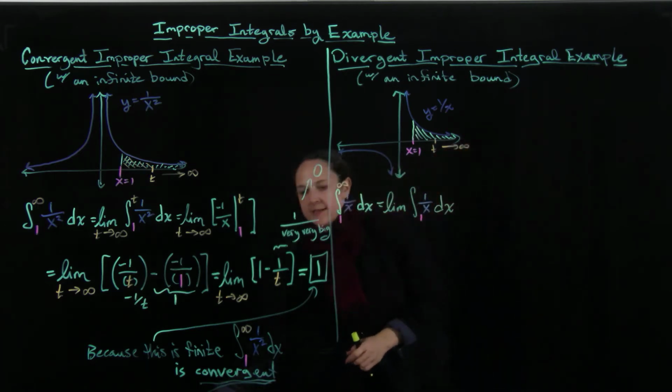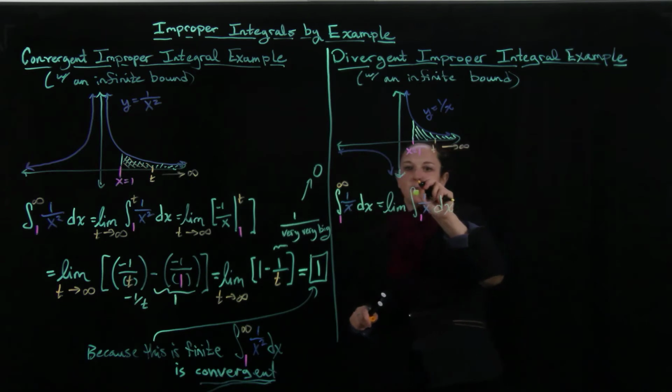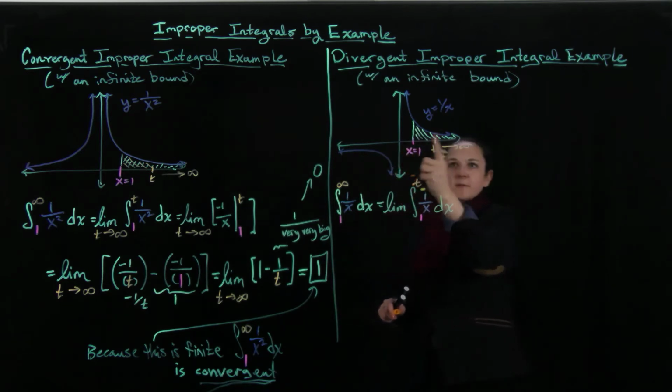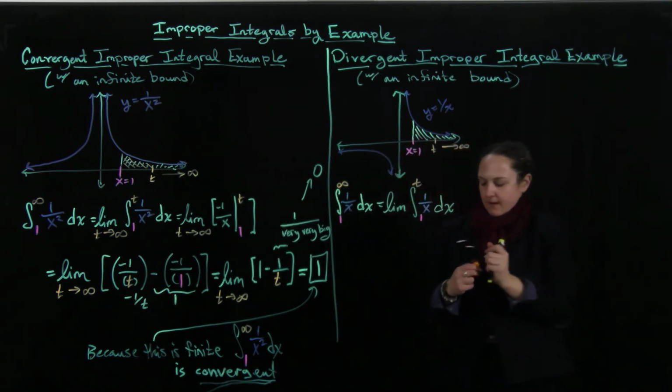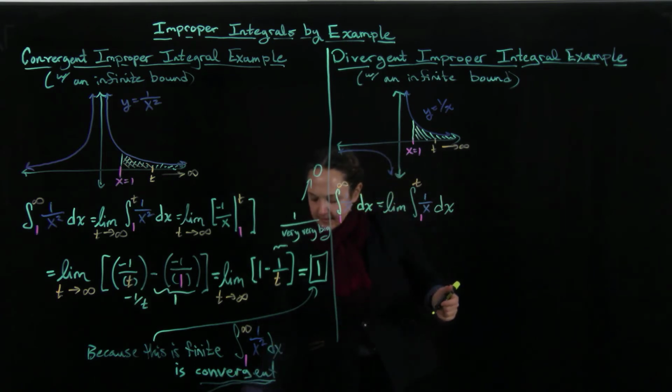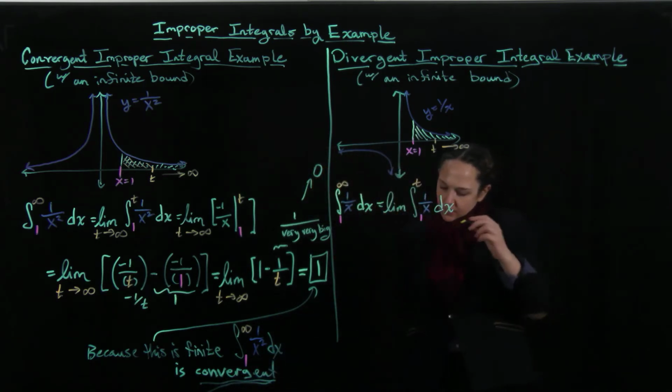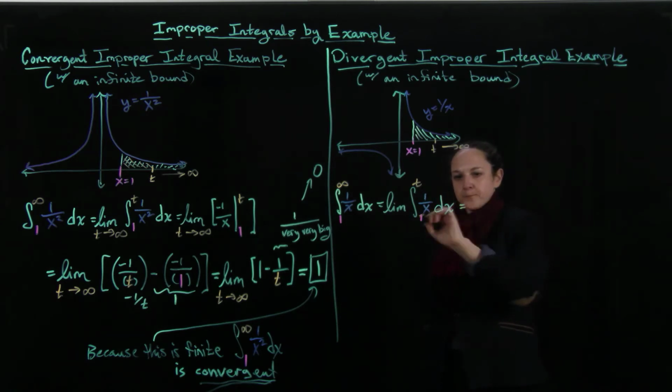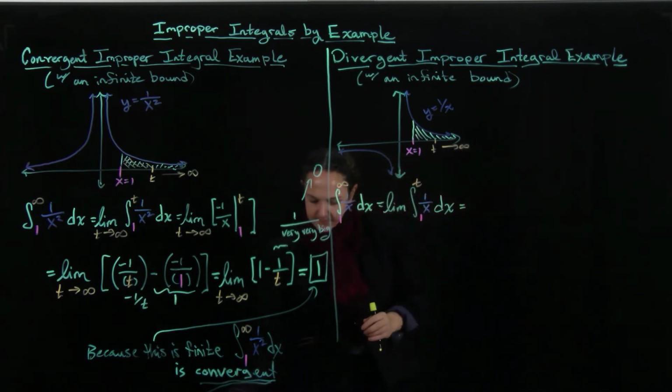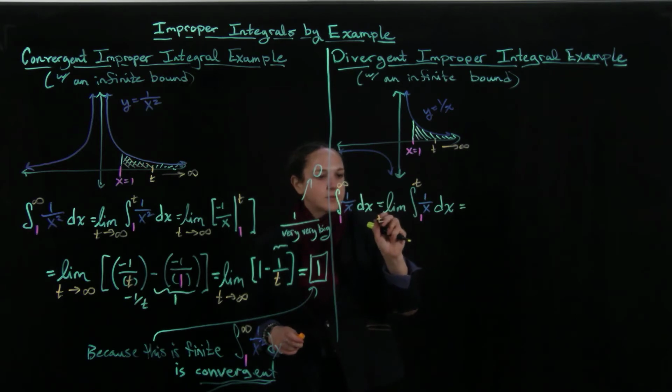But then I want to replace that infinity with a t so that I'm only looking at this finite area from t to the left there. And then when I take the limit, I'll get the entire area. Okay, so this is going to equal for me... oops, I forgot to put t goes to infinity. That's important.